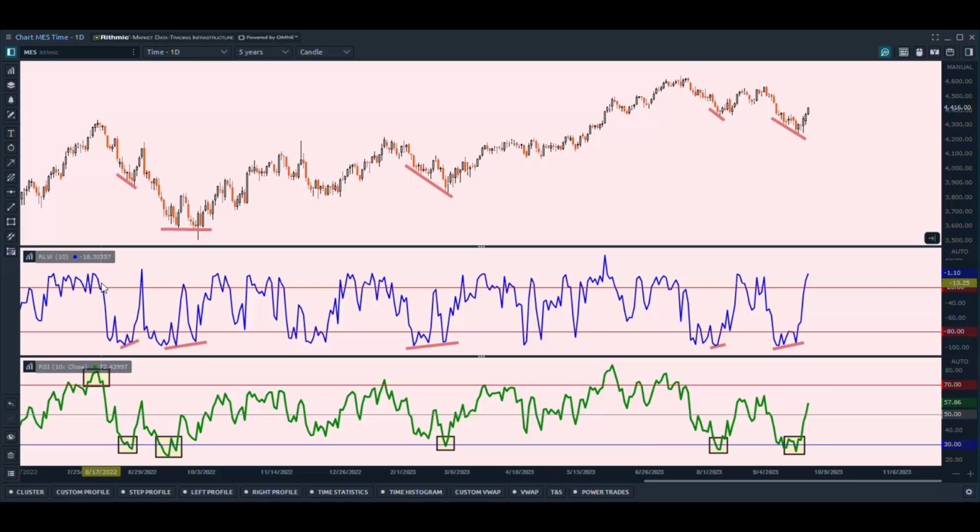You really have to zoom in and compare the numbers to see if there's divergence, because sometimes you're not going to be able to see it with the naked eye. Sometimes it's so close, even within 0.5 of being divergence versus not, that it's really important to use the actual mathematical numbers versus just trying to eyeball whether that's an actual higher low or a lower low.